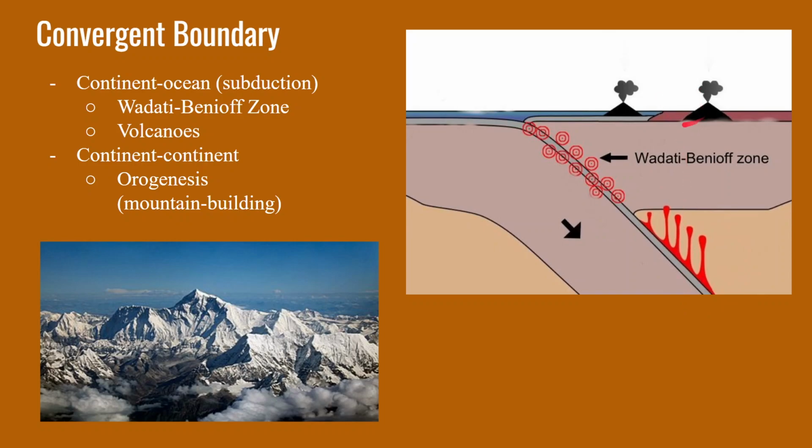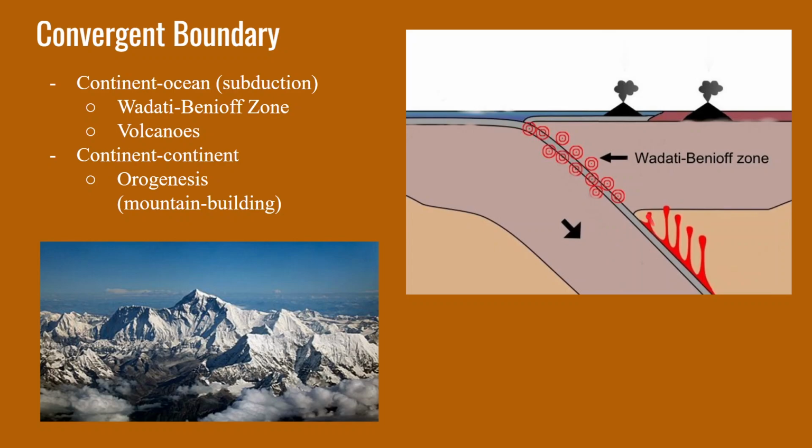It'll rise to the surface and often create a chain of volcanoes on the continental plate opposite the subduction zone. So if you think of the Andes Mountains or many of the volcanoes in the Pacific Ring of Fire in general, it's this process at work.